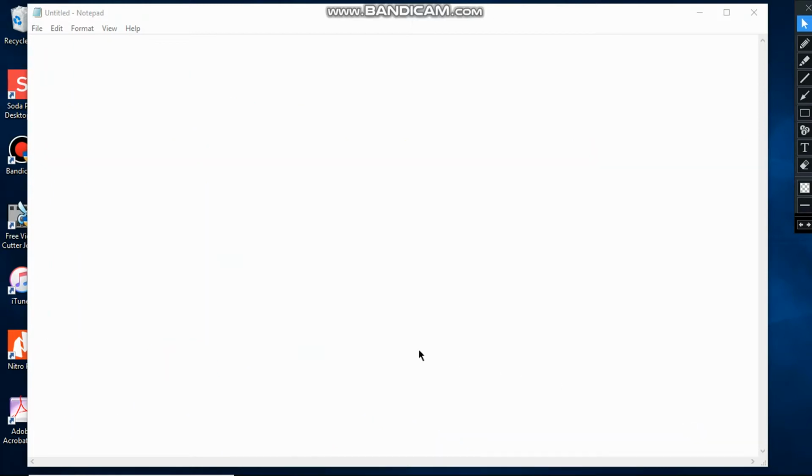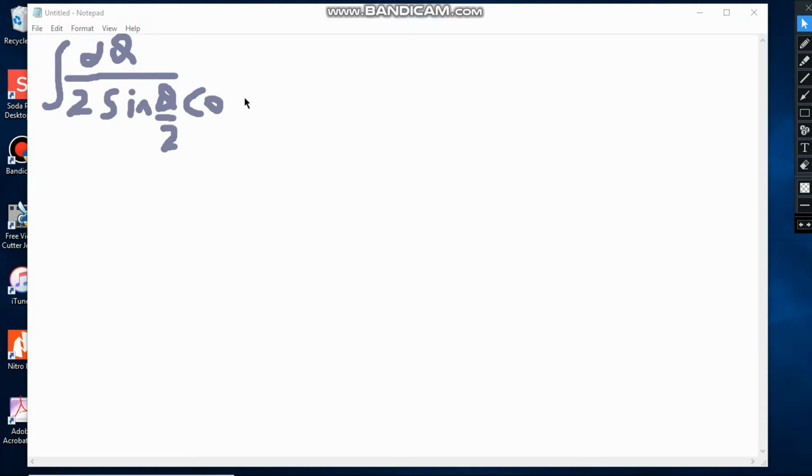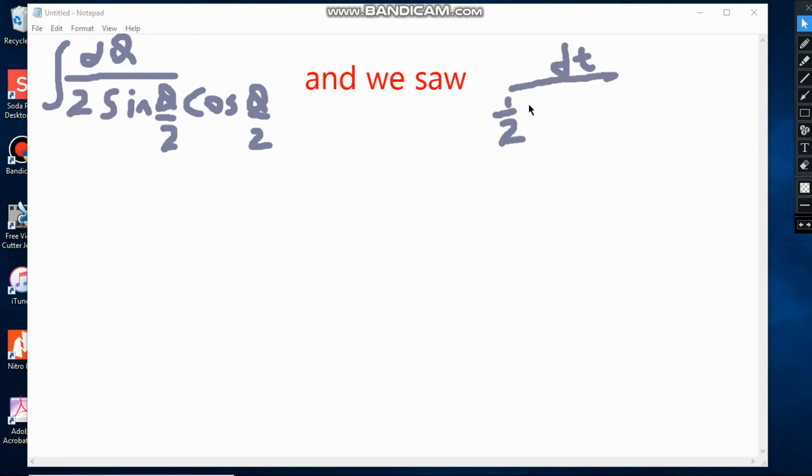So from this integral of d theta over sine of theta, I replace sine of theta with 2 sine theta over 2 times cos theta over 2. Here, d theta equals dt over a half bracket sec square of theta over 2, and sec square of theta over 2 is equal to 1 plus tan square of theta over 2, and tan of theta over 2 is t.